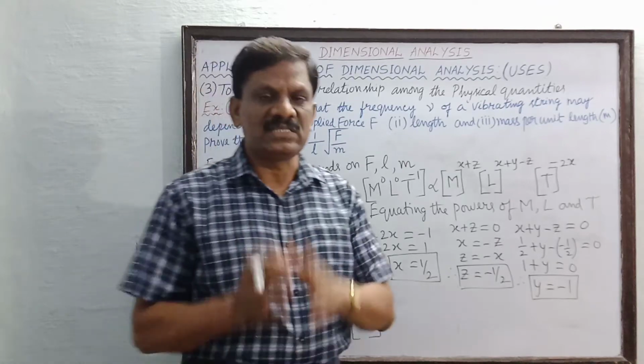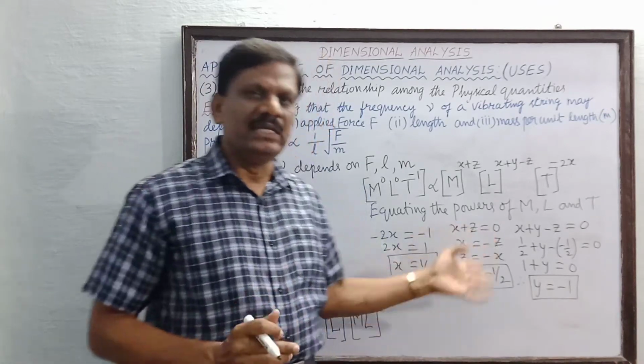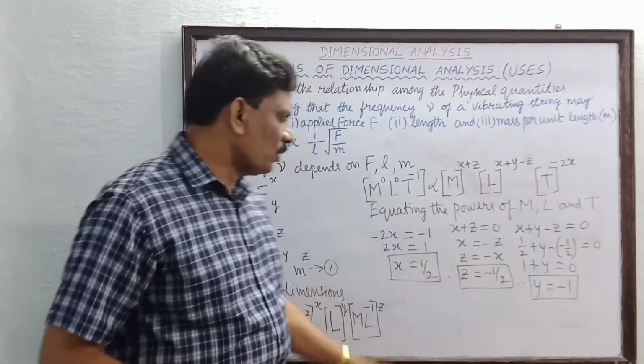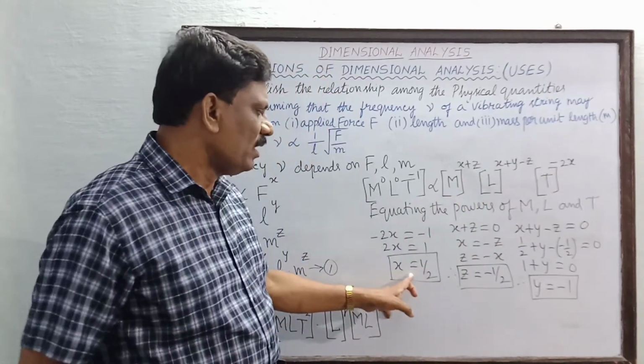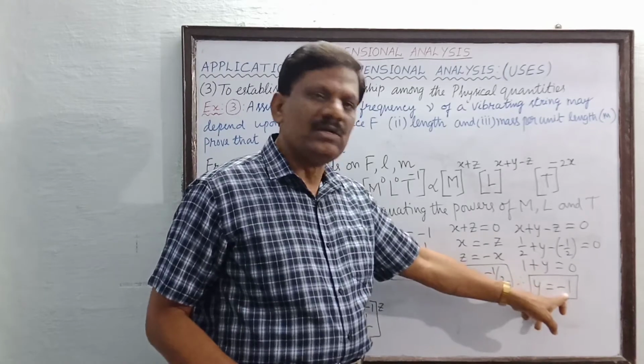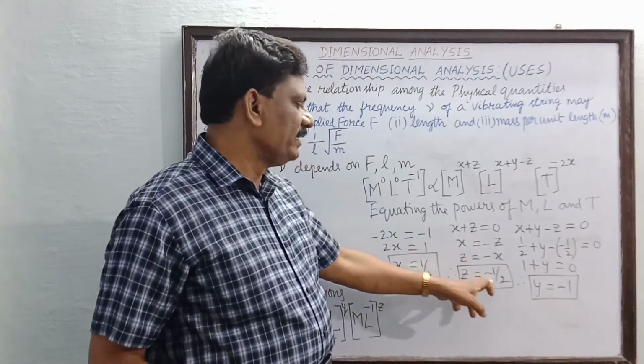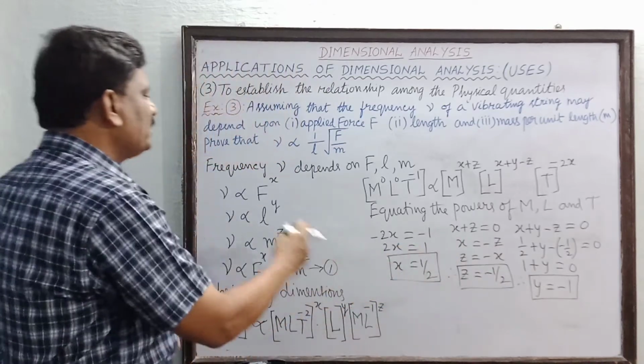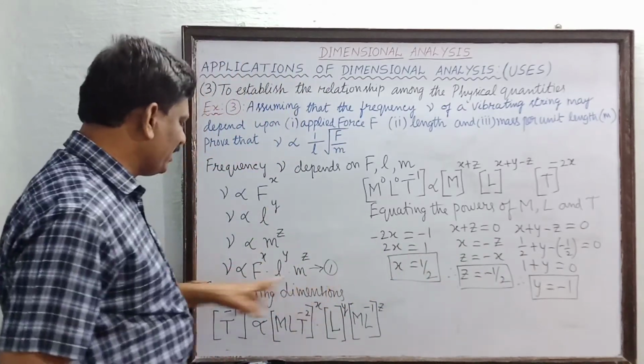So we have solved the equations and got the values of x, y and z. The value of x is 1 by 2, y is equal to minus 1 and z is equal to minus 1 by 2. I am going to substitute these values in the expression number 1.